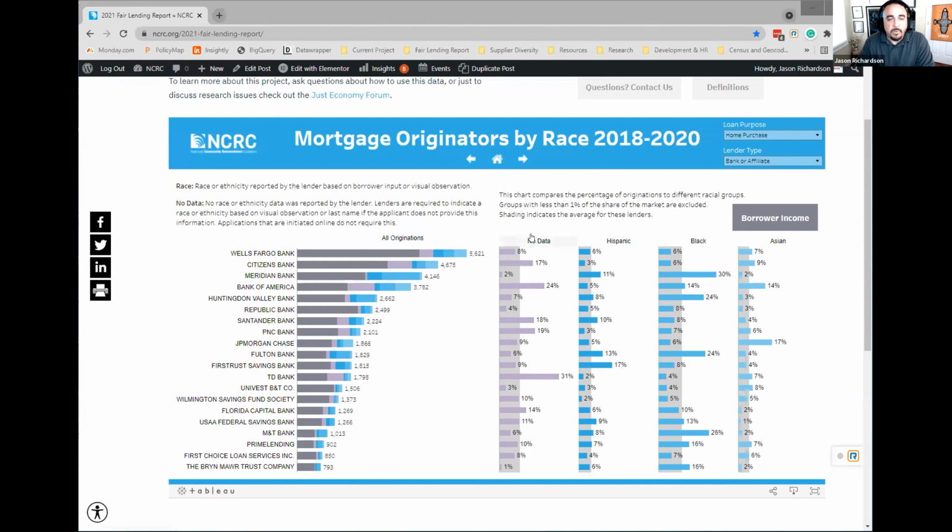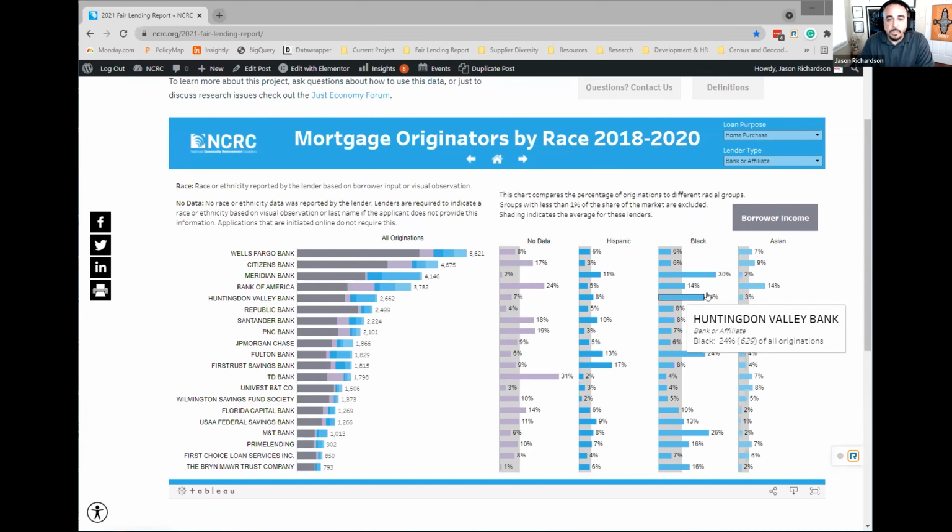And to the right, we've got the demographic data for race, including those loans that lack demographic data, and then the largest of the other groups here. The nice thing is you can look down the list really easily and see which lenders are outperforming the market. These gray bars behind there are the average. So anytime you see somebody poking their head up above that, it means that they're doing better than the average at lending to that community.